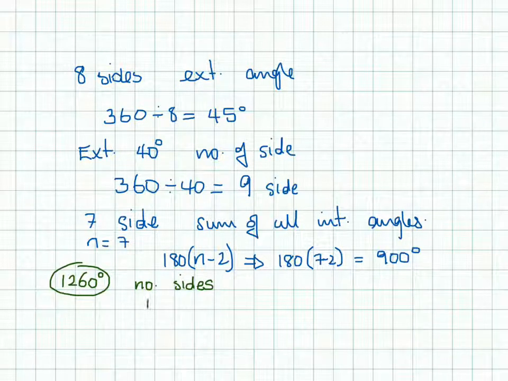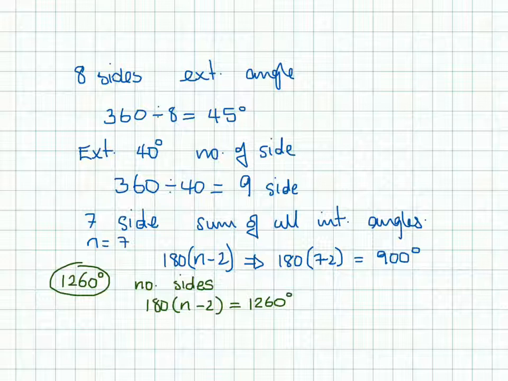We're going to say that we've got 180 into n take away 2 is equal to 1260. Okay, so if we can find n, then we can find the number of sides that shape has got.